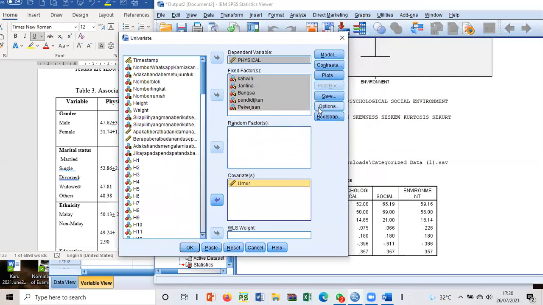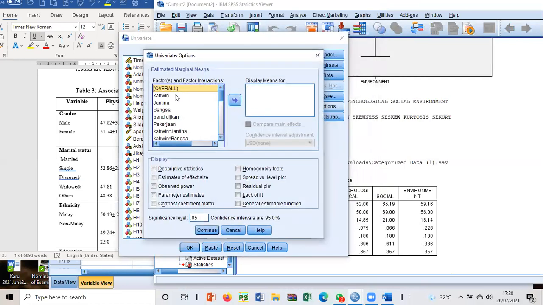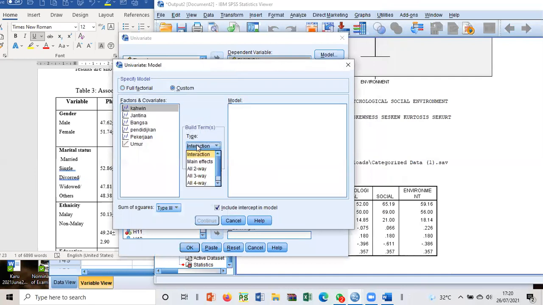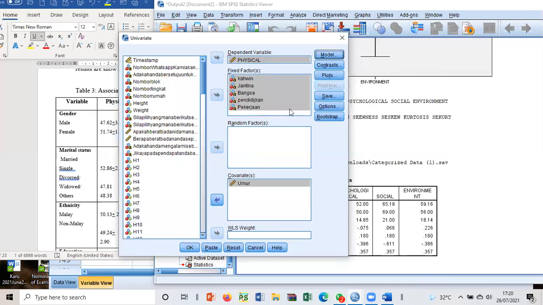And then come to options. All these values, pekerjaan until here, sorry, go to model, custom, main effects. So bring all this inside here. I don't want interactions. Continue.